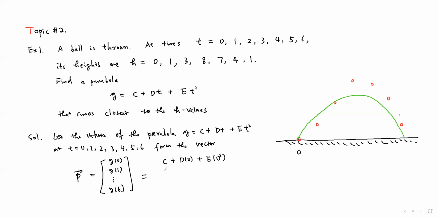Plug in 1 for t: C plus D plus E times 1 squared. Similarly, y at 2, t is 2. And so on. Y of 6 is C plus D times 6 plus E times 6 squared.